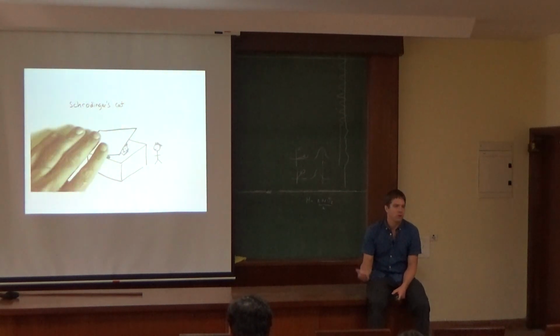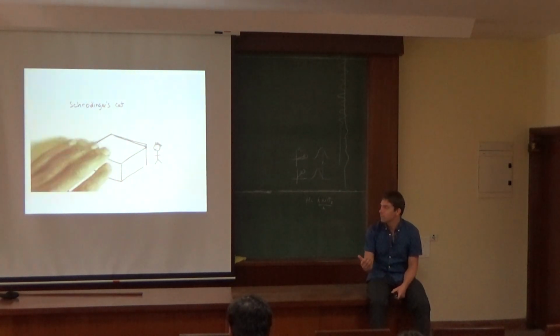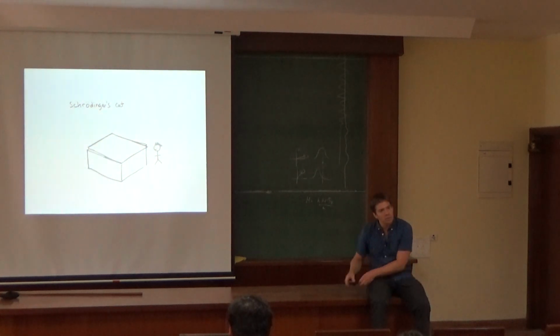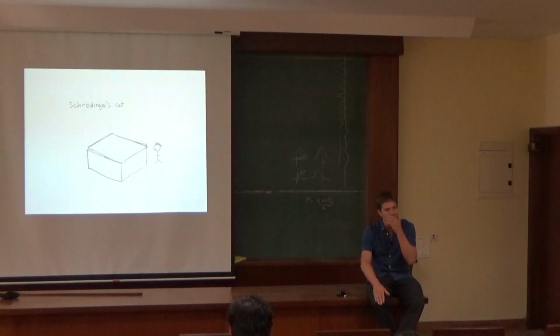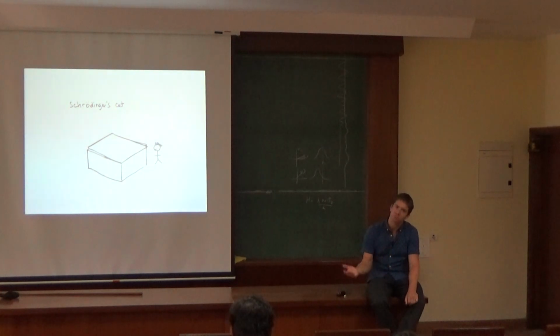Good. Start over. The cat's still alive. Start over. So each time you check on the cat, you find the cat's alive. This means the atom must not have decayed. So that resets the clock of the decay process, and you start from the beginning, and so forth. So the idea is that by measuring it frequently enough, the atom can never decay, because you're constantly collapsing its wave function to the undecayed state.